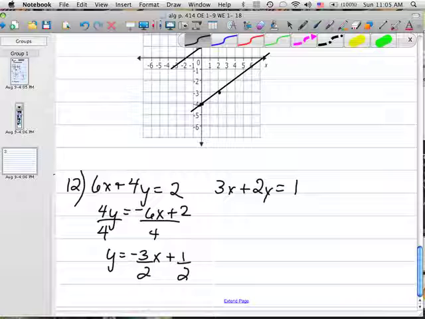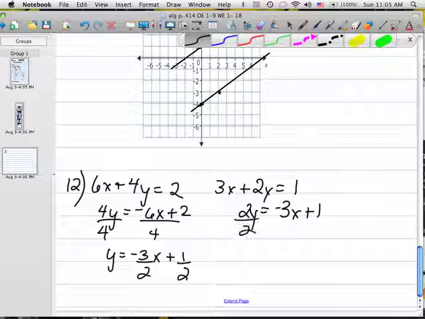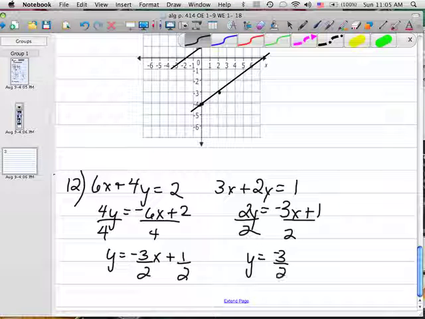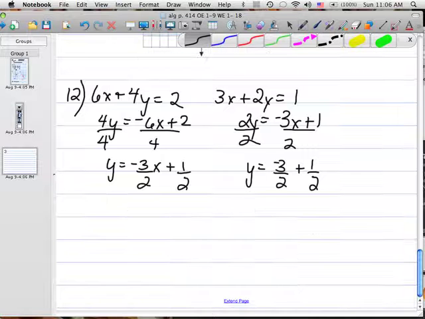And the second equation, 2y equals, subtract 3x from both sides, divide by 2, and we get y equals negative 3/2 x plus 1/2. So we actually have the same line.